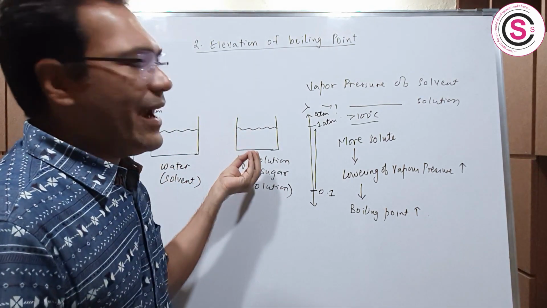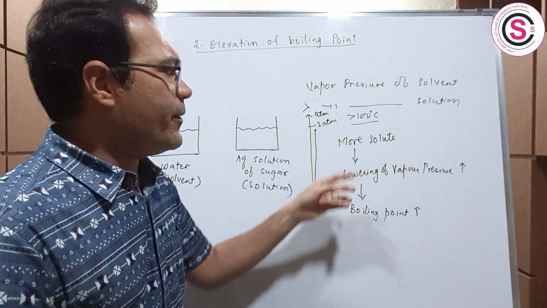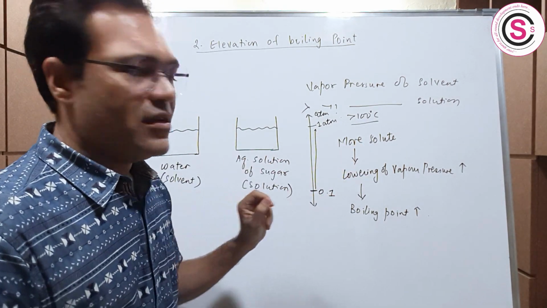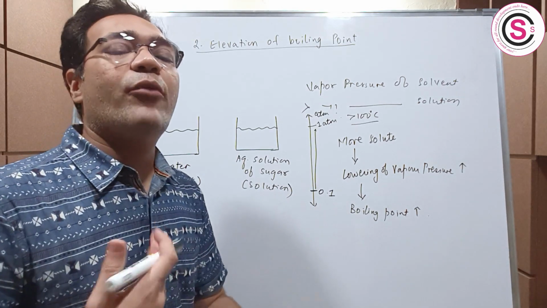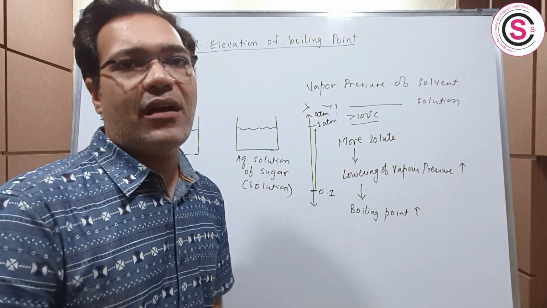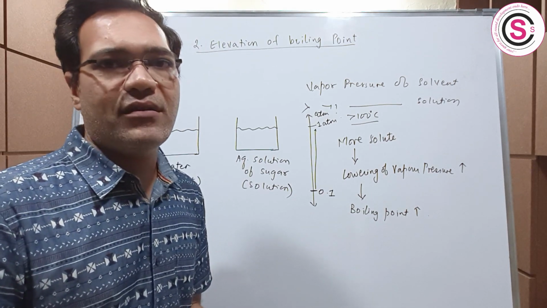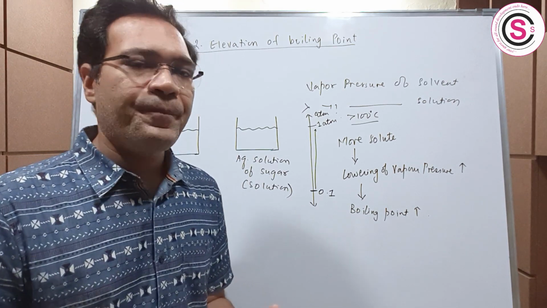So whenever you add a non-volatile solute to a volatile solvent, the vapor pressure of the solution decreases, and as a result the boiling point of the solution is more than that of the pure solvent. This phenomenon is known as elevation of boiling point. I will speak the definition once more, students. You can note it down.